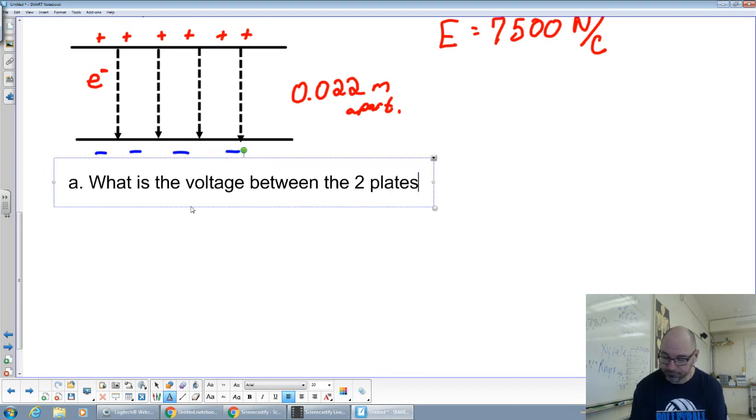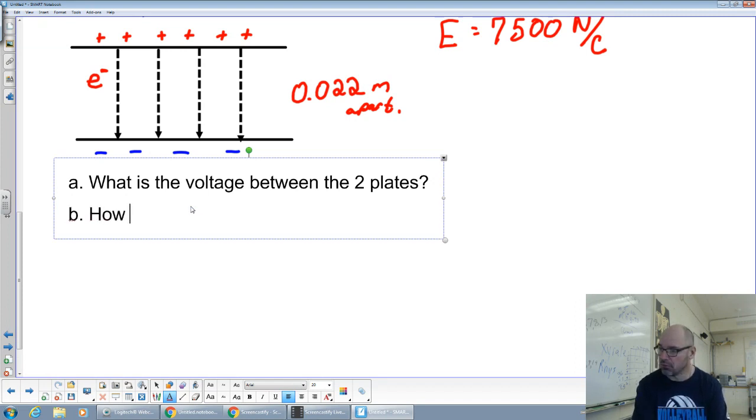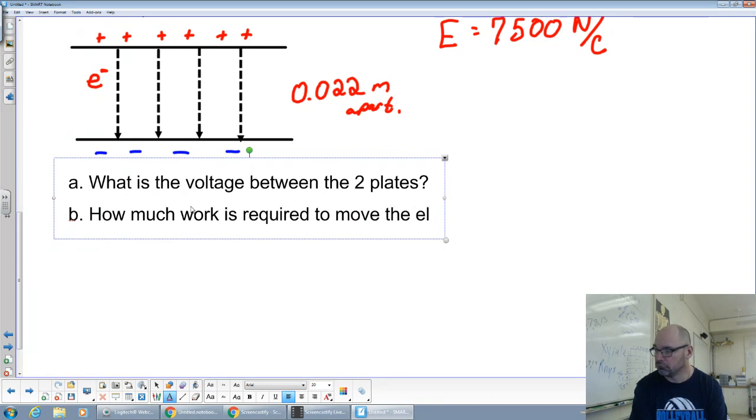And B, how much work or energy, if you like, is required to move the electron towards the negative plate.